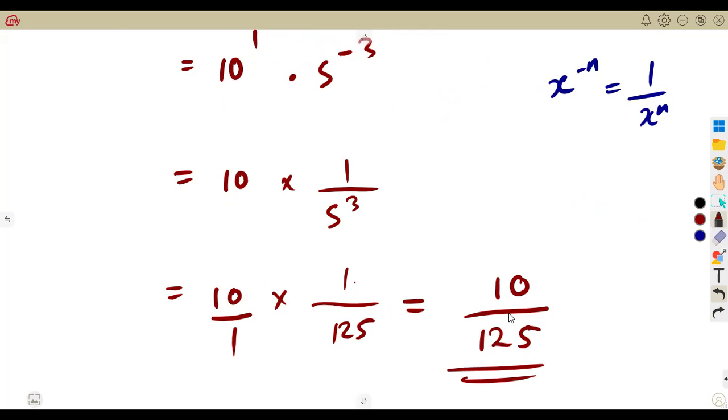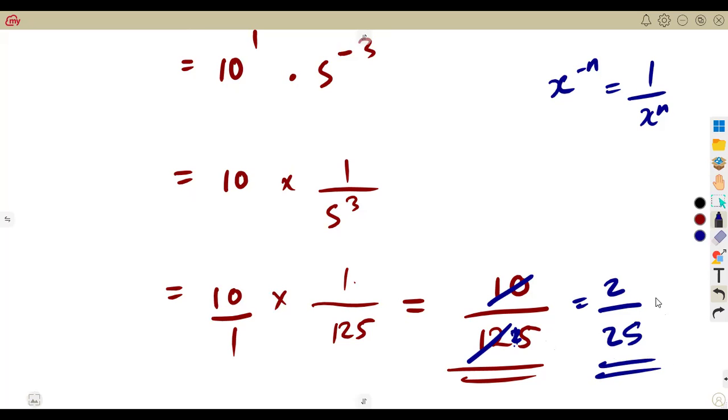We can even reduce this. 10 over 125 can be reduced by 5. 5 into 10 is 2, and 5 into 125 is 25. So that will be 2 over 25.